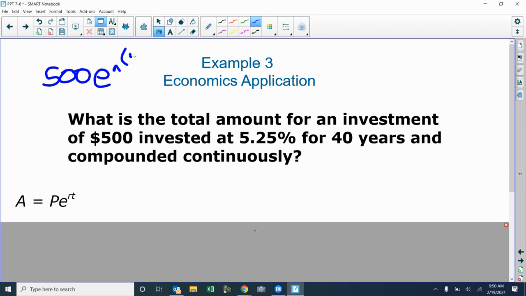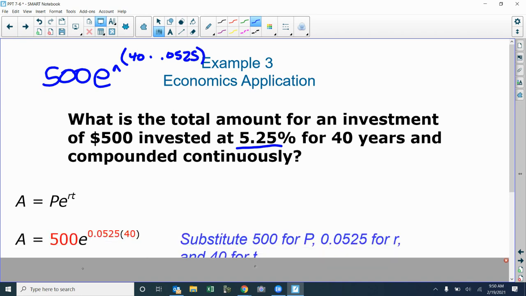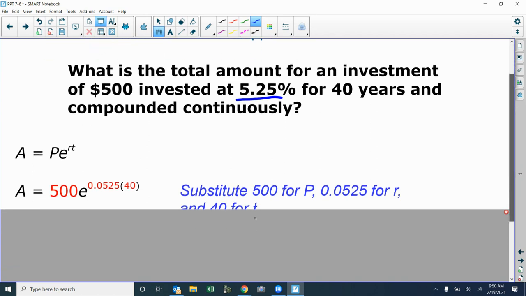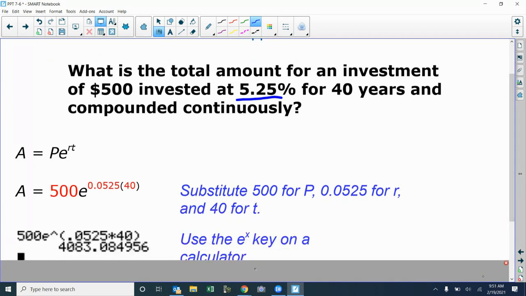We're going to take 40 times my rate. Of course, we have to write that as a decimal, 0.0525. Hit enter, and let's see, how much should you get? Not that much, I don't think. Yeah, $4,000.